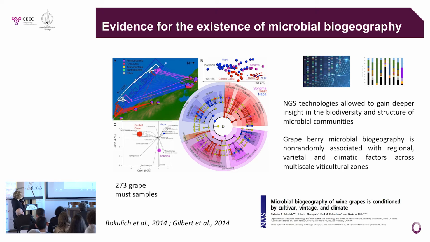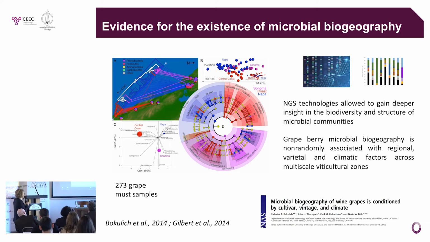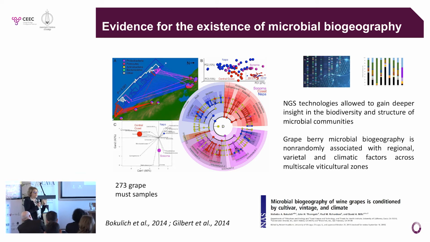They used next generation sequencing technologies that are based on the sequence of DNA of the microbial community. These new technologies allow us to gain deeper insight into biodiversity and the structure of microbial communities. And they showed for the first time that the grapeberry microbial biogeography is non-randomly associated with regional vital climatic factors across multi-scale viticultural zones. So you have here the title of their publication.